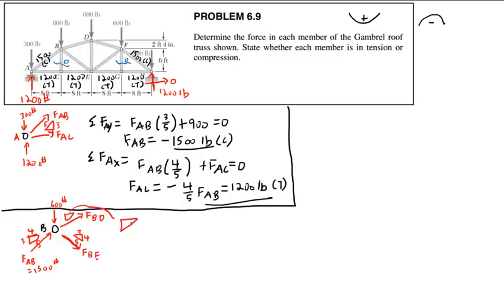This one is going to be, let's see, the width of this is still 8. This is 2.33, and the hypotenuse, let's see, the square root of 8 squared plus 2.333 squared is 8.333.